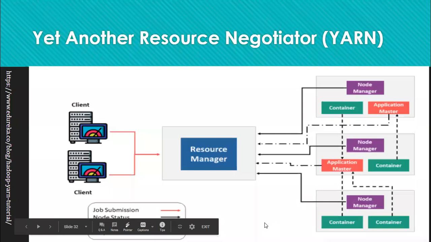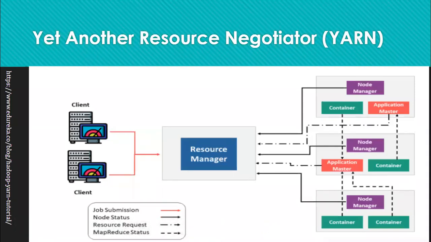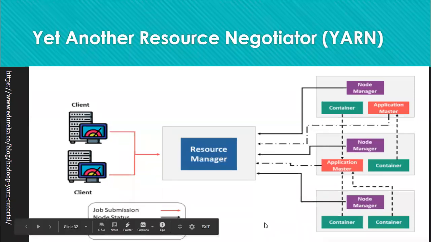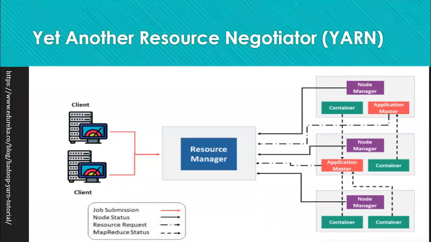So this is a very simple architecture of YARN, where a client is submitting a job or requesting a job, then that is handled first by the resource manager, where it finds out how many resources are required to complete this job, whether all resources are available, and to which application manager the resources are allotted.